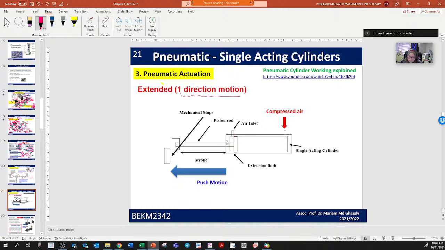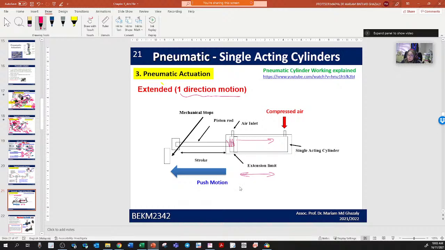So after you cut off the signal, the piston will move back into the actuator. So it's going to do a reciprocating motion.